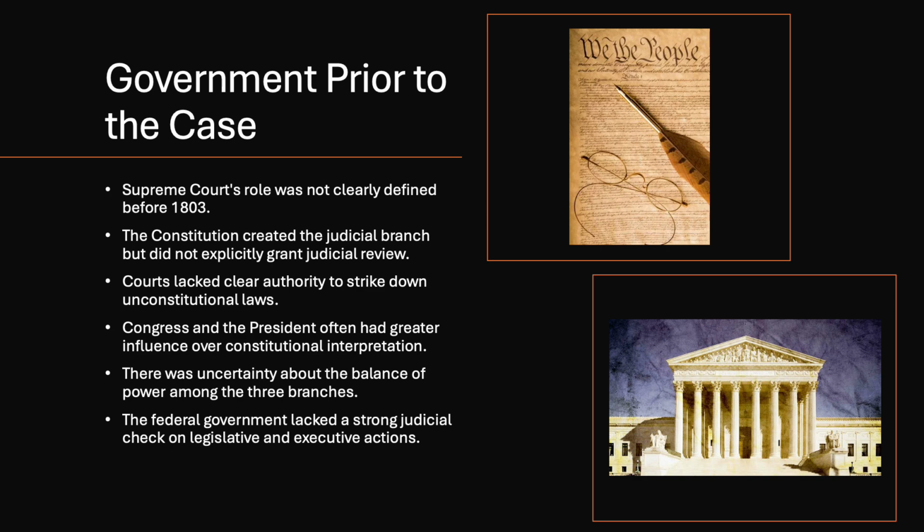But Congress and the president often had the final say on constitutional questions, and there wasn't really a clear mechanism for the courts to serve as the ultimate interpreter of the Constitution. So, as a result of this, the federal government lacked a really important check on legislative and executive authority. You essentially had the executive and legislative checking each other.